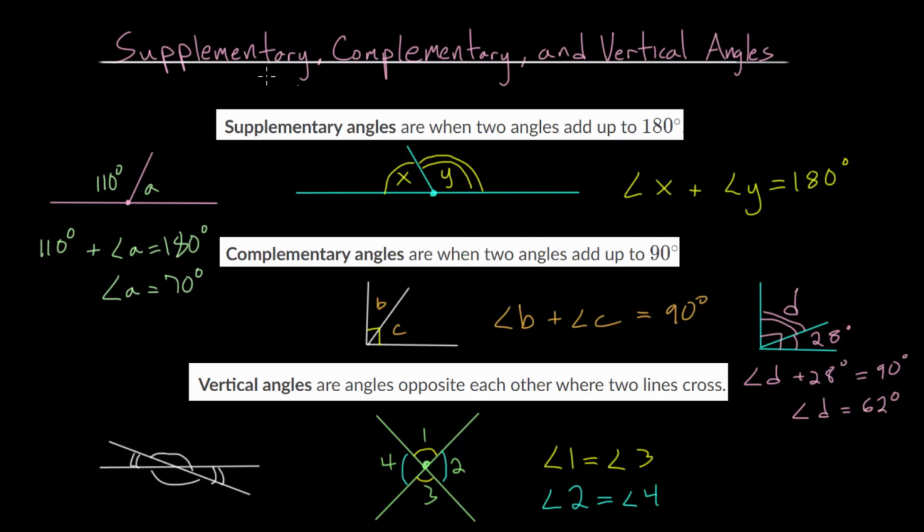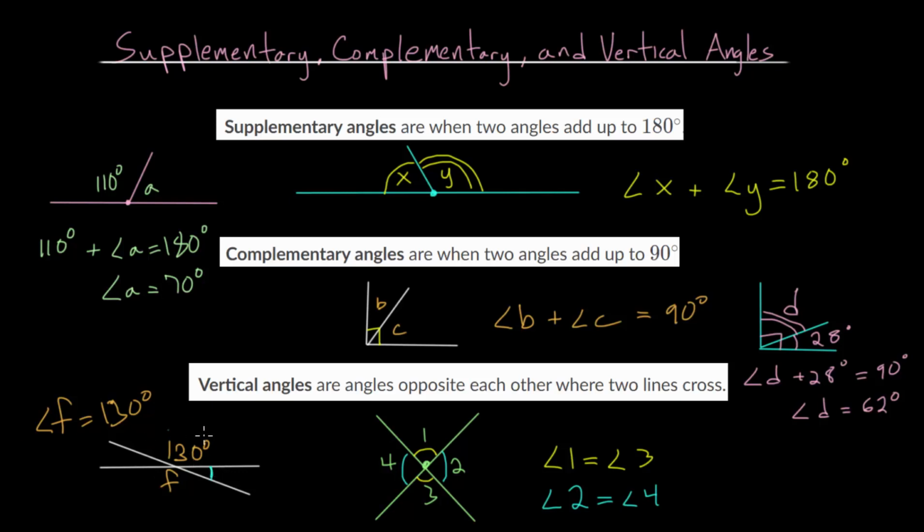So a common problem, let me delete those markings really quick. A common problem might be that maybe this is 130 degrees and you need to find angle, we'll call this angle F. So since they are vertical, we can assume that angle F is 130. And vertical angles and supplementary angles often show up together since now we know how to figure out the other missing angles here.